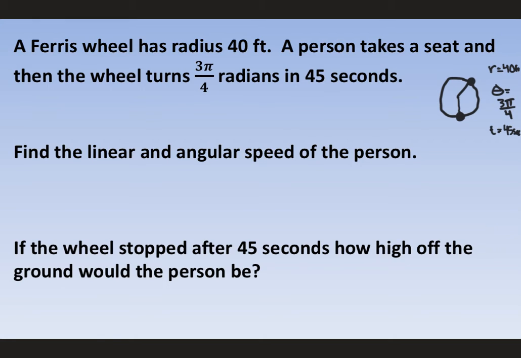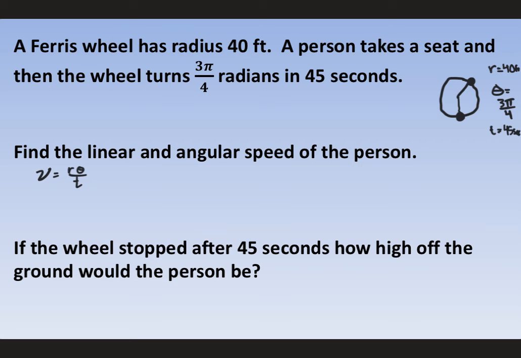Okay, so it says find the linear and angular speed. Well, if we know the formulas, if we can write those down, this shouldn't be too bad. So we'll start with the linear speed. The linear speed is r theta over t. Since they didn't give us the arc length, they gave us the pieces to get arc length, r and theta, we're going to use that form of the formula.